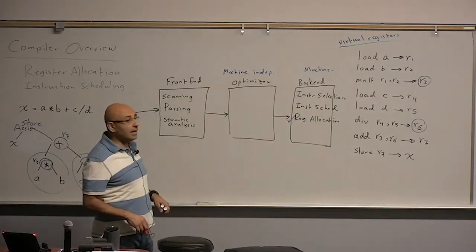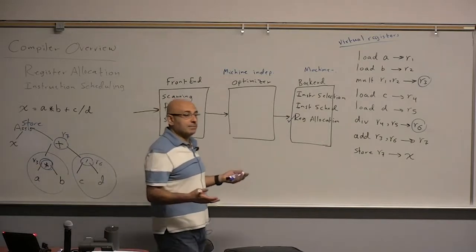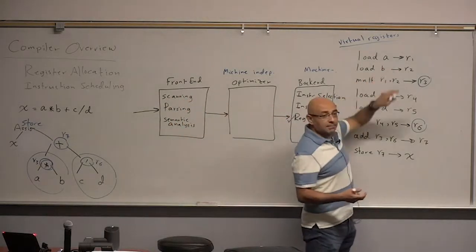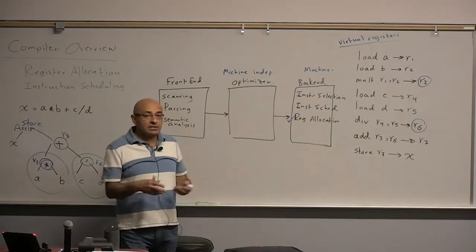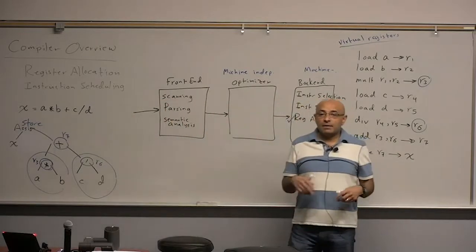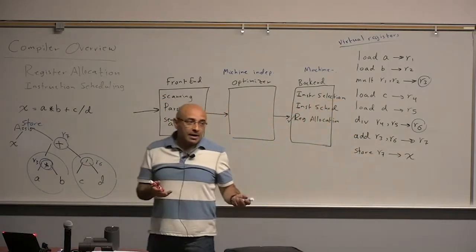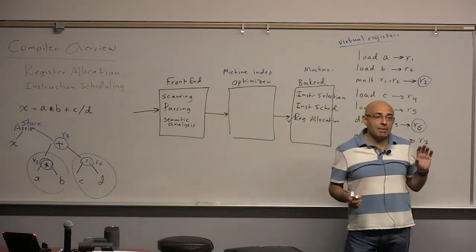I think I pointed out that real assembly does not have variable names, right? Machines are not aware of variable names. A machine doesn't know variables, is not aware of the whole notion of a variable. A machine knows storage locations. So it knows registers and memory locations.